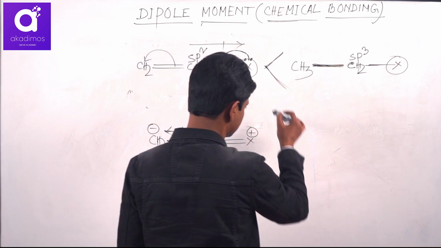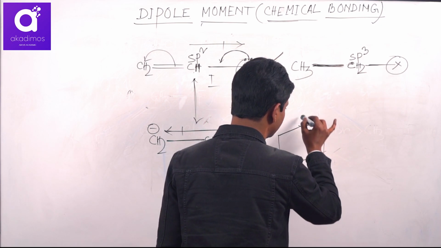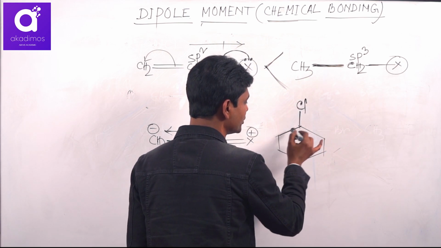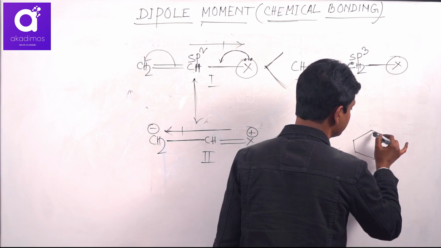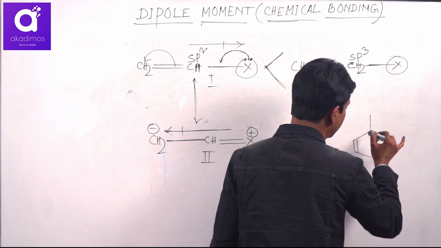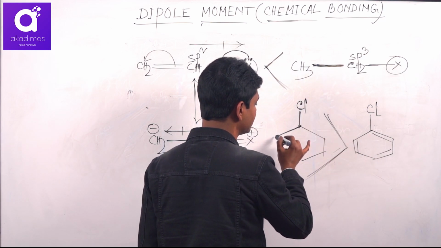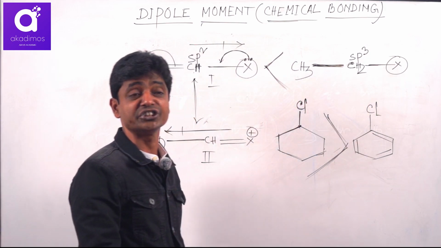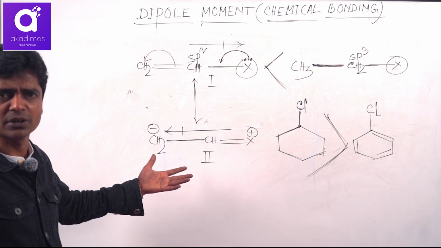And similarly, if I take cyclohexyl chloride, and chlorobenzene, where carbon is also sp2, a similar explanation by taking resonance as well as electronegativity difference, you will get the dipole moment of cyclohexyl chloride greater than chlorobenzene. The same explanation, same concept.